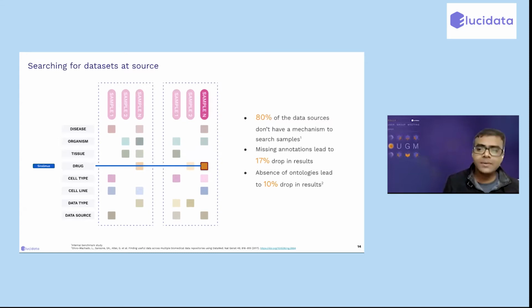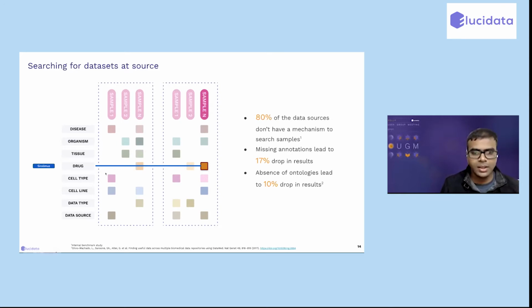The problem starts with public sources, where 80% of data sources don't have any mechanism to search samples. That's problem one right there. And on top of that, missing annotations lead to a 17% drop in results, and then there is an extra 10% drop in results due to the absence of ontologies. This leads to very minuscule data after all of this.